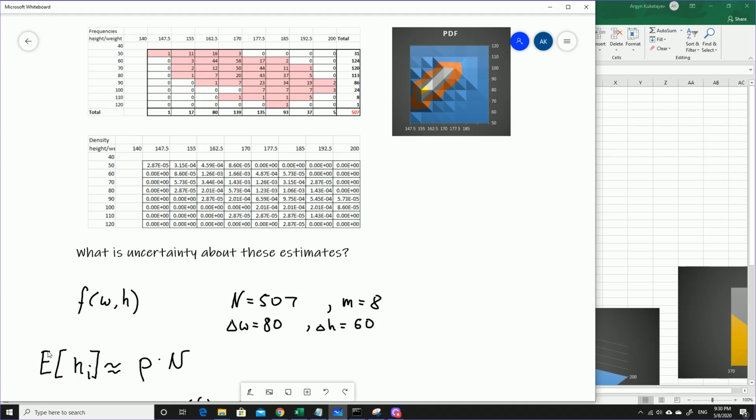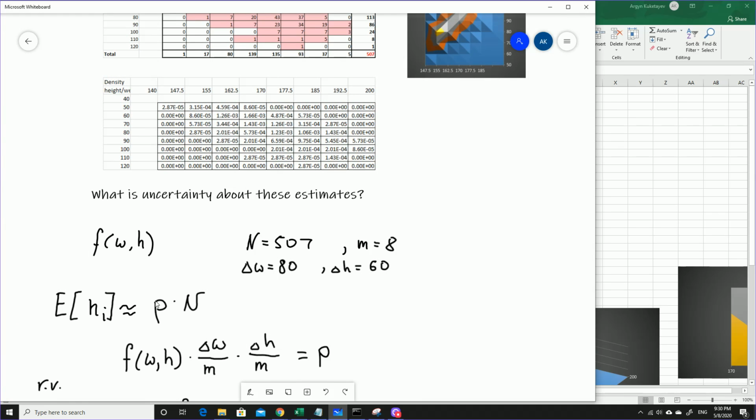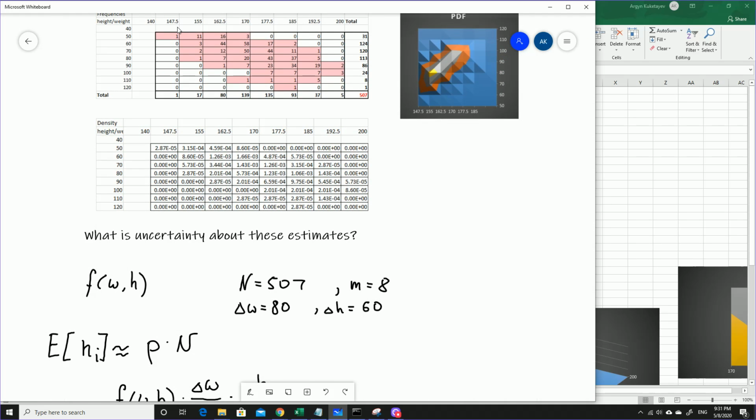What is the probability, sorry, not probability, what is the average number of these observations? We will say it's p_i, some probability that an adult in the sample belongs to this cell, multiplied by the size of the sample, the number of people in the sample. And what is this probability? Well, the probability is the density multiplied by the area of this little cell, right?